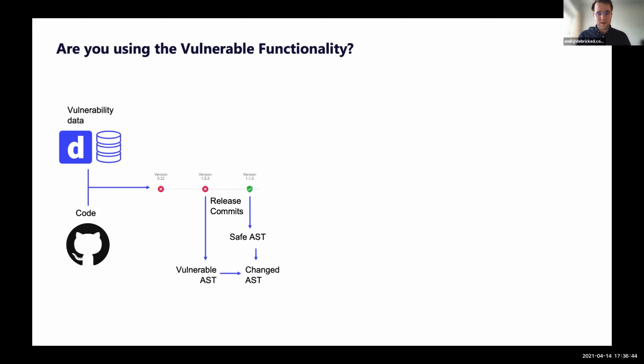Then we understand what has changed in the abstract syntax tree to calculate the vulnerable symbols, or the vulnerable functions and classes, in this particular package between version 1.0.3 and 1.1.0. And this then becomes these vulnerable classes and functions.